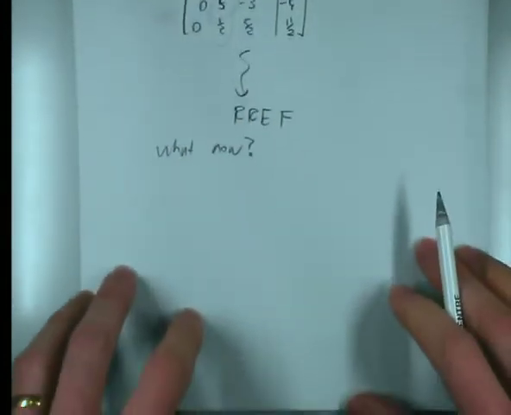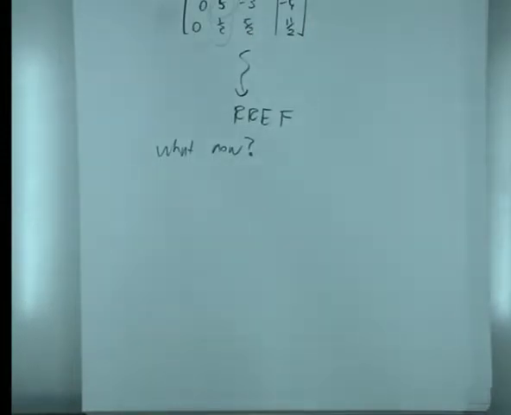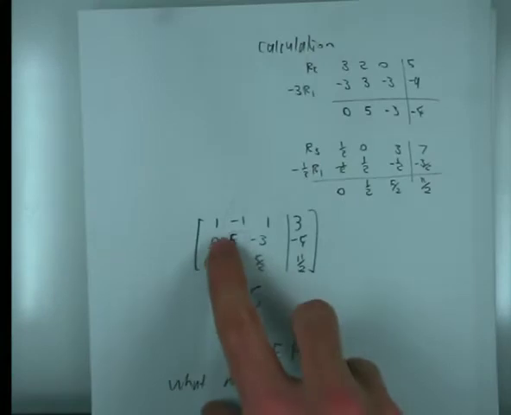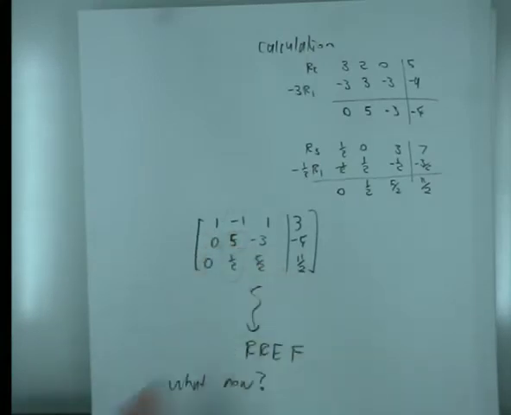What do I do now? Well, what I do now is I look for pivots first, then free variables, and then I create my solutions. Okay? So, these ones that'll come down here, they're called pivots.